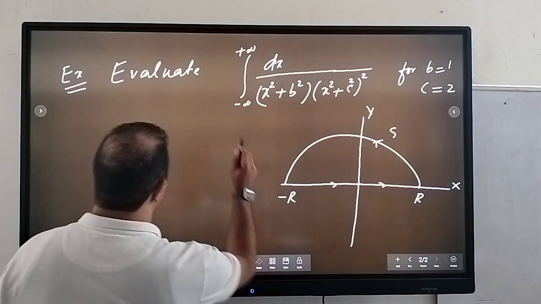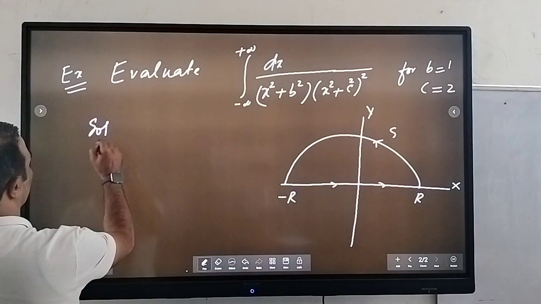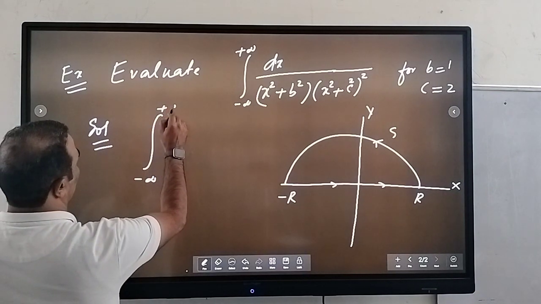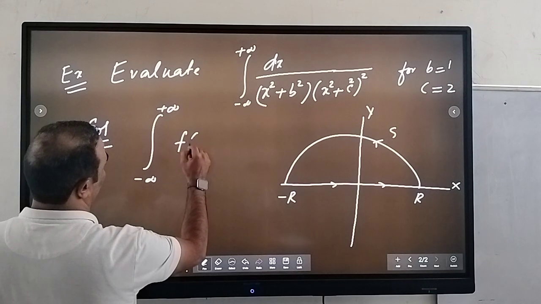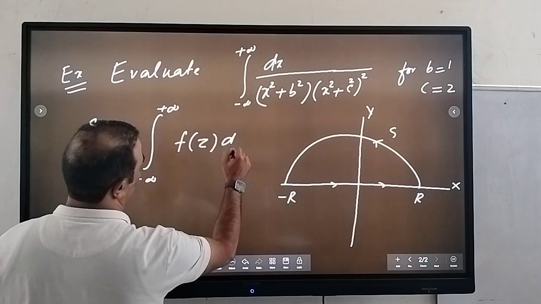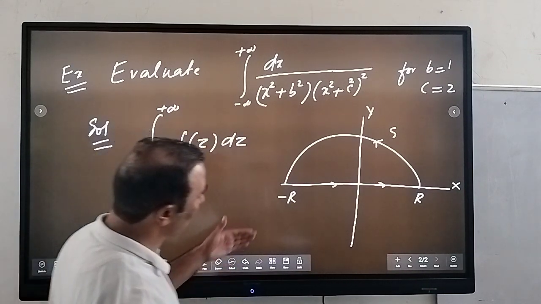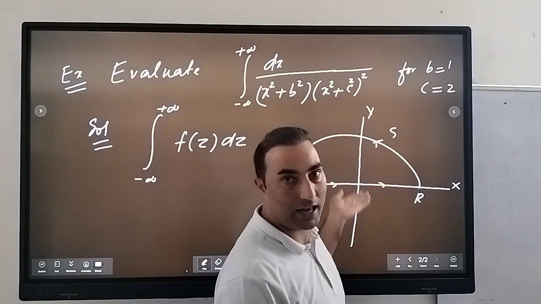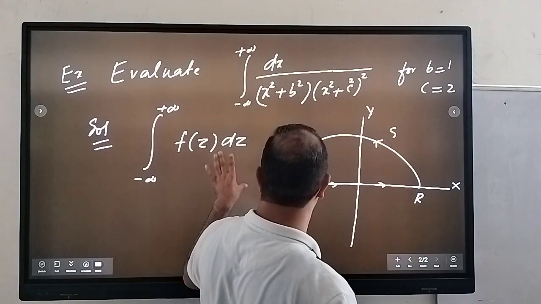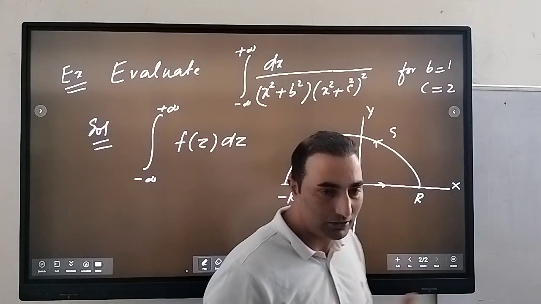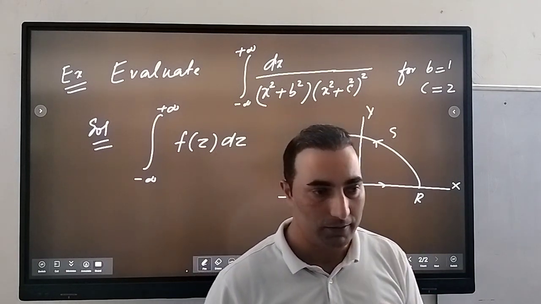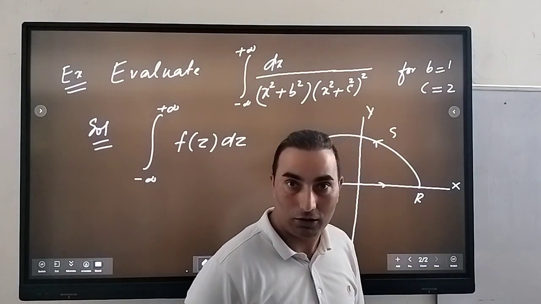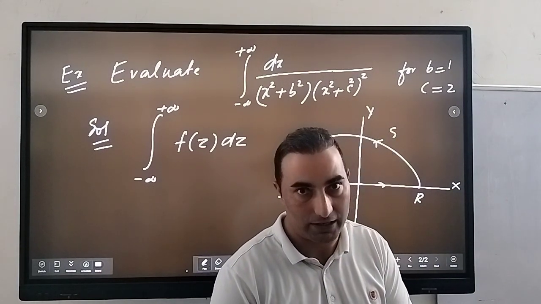So this integral can be written as from minus infinity to plus infinity. Right? So that means I am taking this along the real axis, because x square plus b square. I am taking that as f of z, because it is simply a complex number. We can have this real, but when we talk about the real axis, we can have only the x part, that's the real part, right?